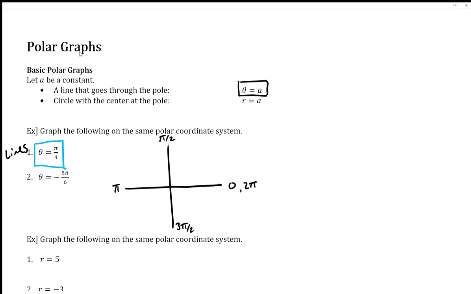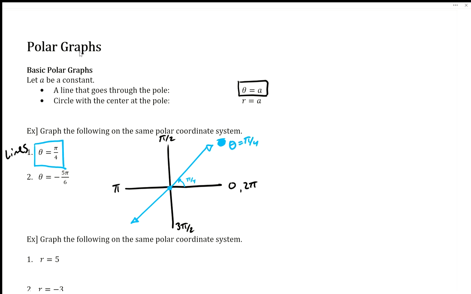So we've got something like this is where pi quarters is. And then afterwards, we just draw in a line through the origin. So we make a ray, but we also make a ray the other way, so that makes it a line. And often I like to put the theta equals pi quarters at the end of it.